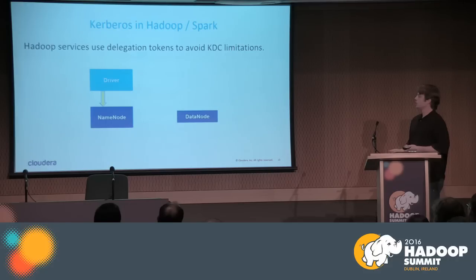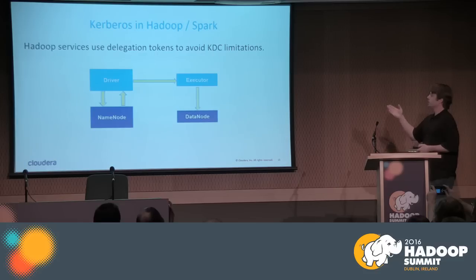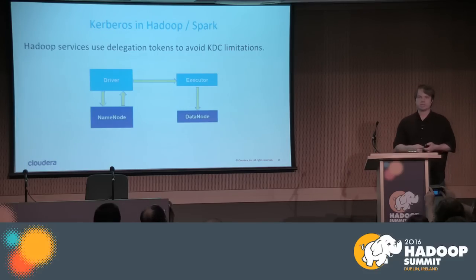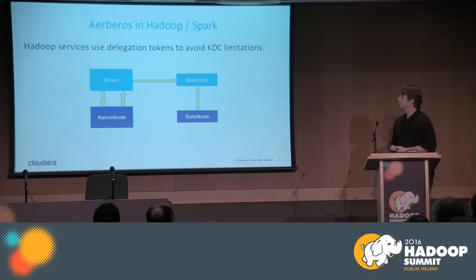It gets a delegation token from the name node, and it manually distributes those tokens to the executors. The executors can use that delegation token to talk to any HDFS-related daemons in your system. So that avoids the KDC, except for that one node. And since there's only one node talking to the KDC, everything works fine because the KDC will not think it's under attack.